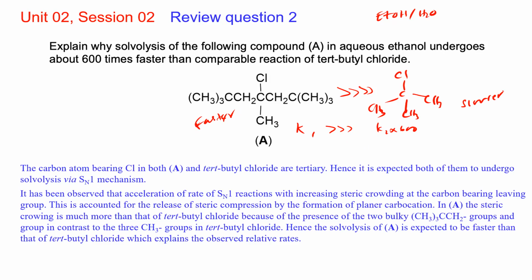The reason being, we know that when you have bulky groups, like the tertiary butyl group or this compound A, which is really, really bulky, they undergo this solvolysis or nucleophilic substitution reaction through SN1.